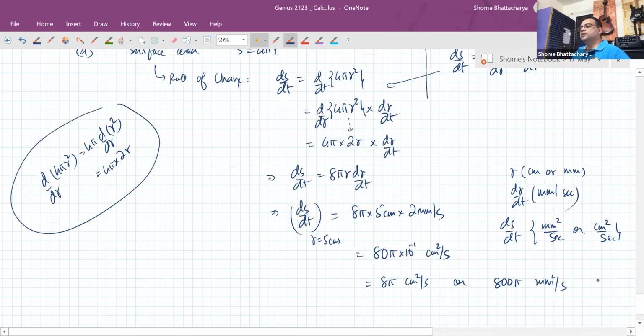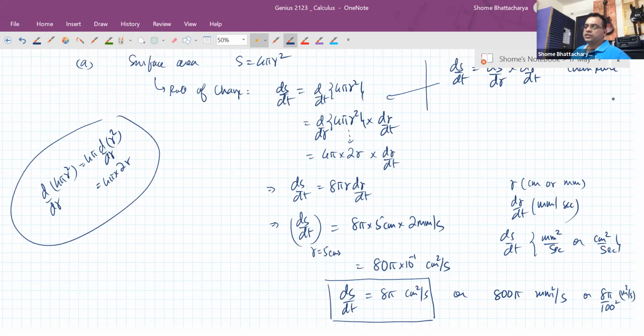Or we can even express it in SI unit and say that it is 8 pi upon 100 to the power 2 meter square per second. Whatever we want to express the unit in, it's fine. But this is the rate at which the surface area is increasing with respect to time. So this is the differential calculus method of doing this.